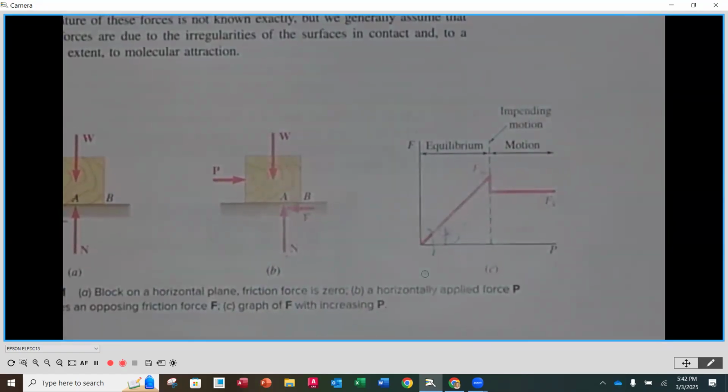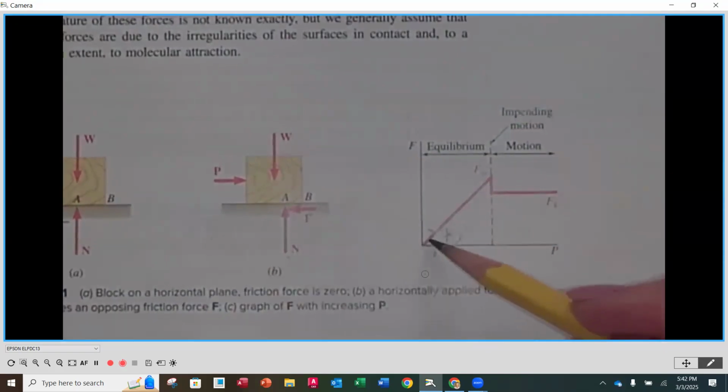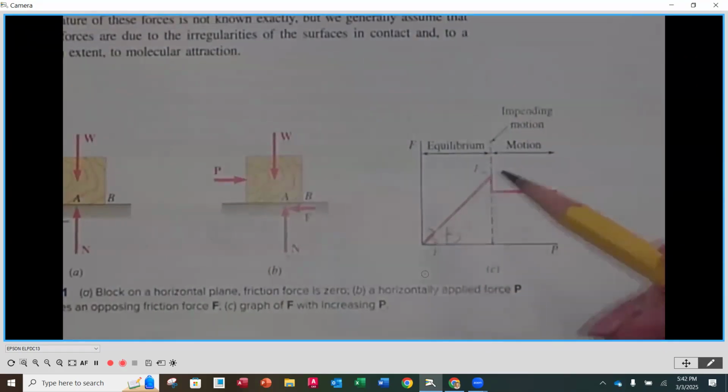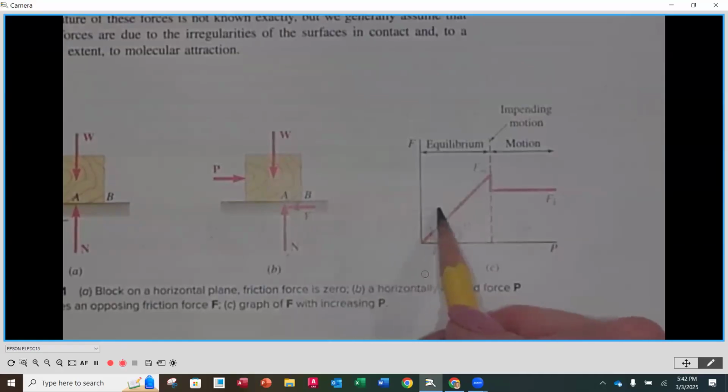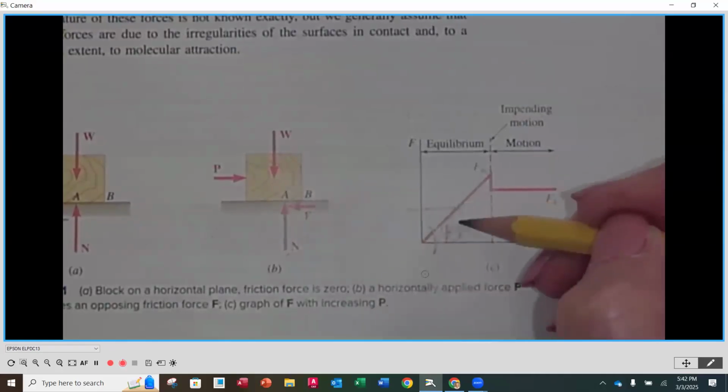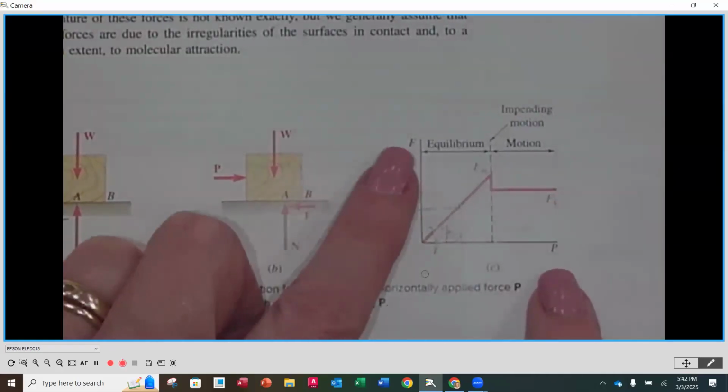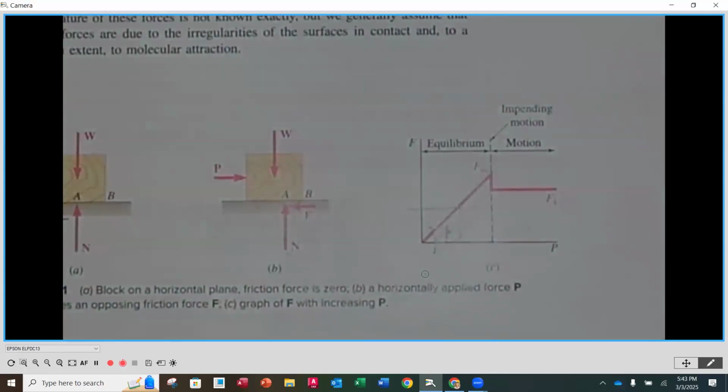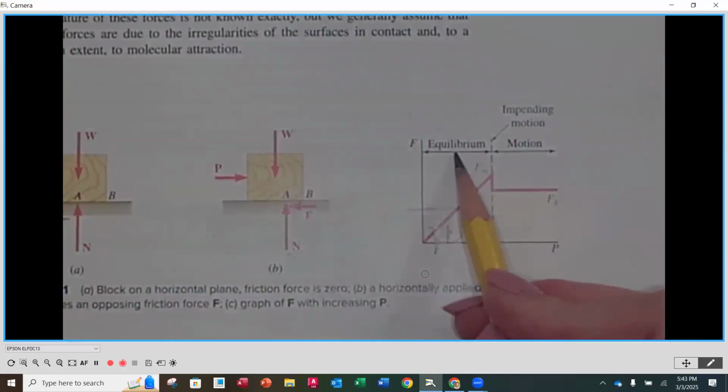That's significant because there is going to be a section here where the friction force is equal to the pushing force. This is when we have no motion. That means it's at rest. In this book, I'm not crazy about the terminology, but they refer to this as equilibrium.